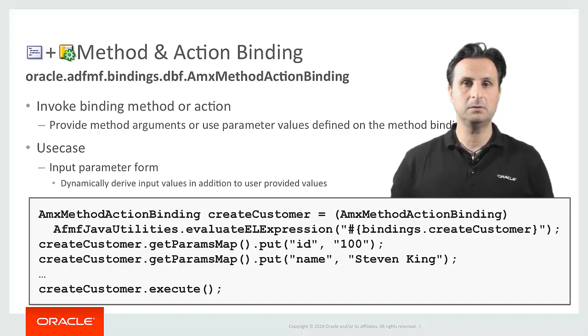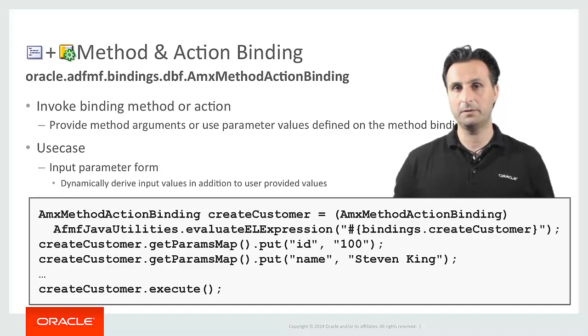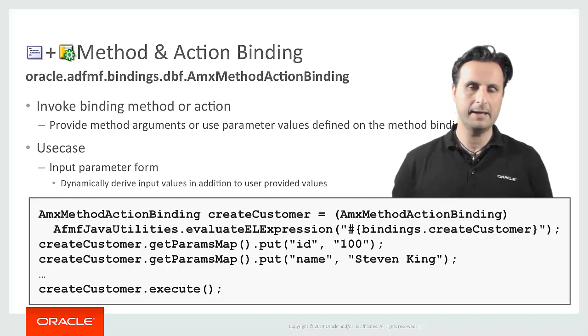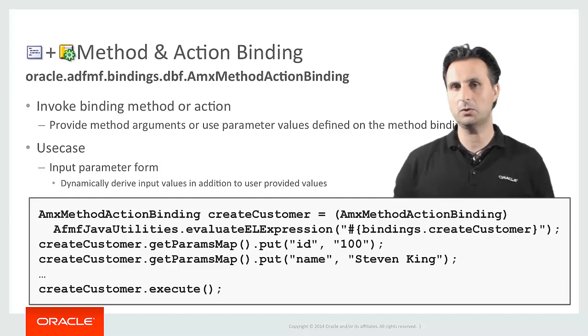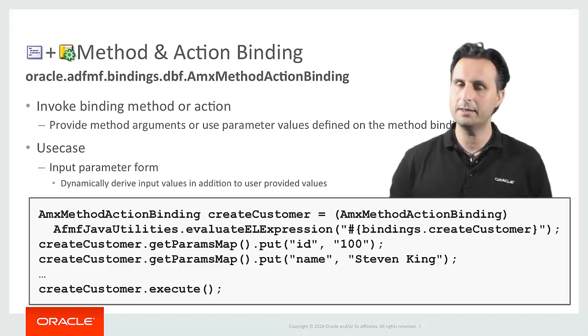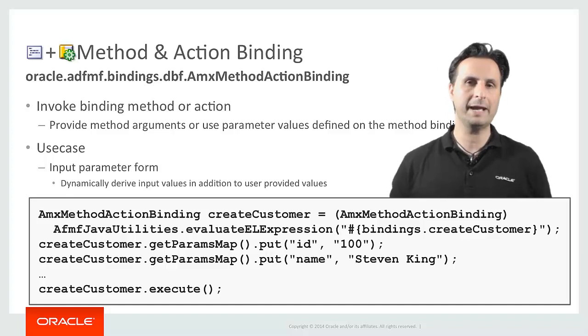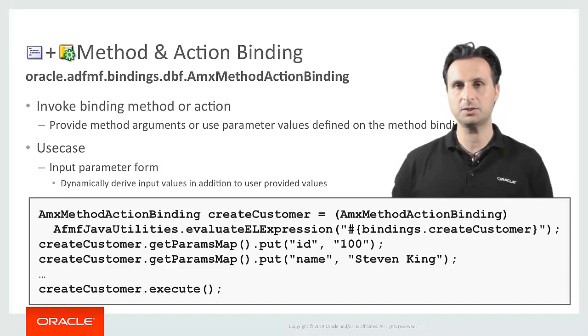Now, one thing to keep in mind is that with methods there are different ways of populating the arguments. Whenever you drag and drop an operation or a method that requires an argument, then in the page definition file we create an item under the name of the method. And this allows you to put in expression language to reference a user interface component or, for instance, a managed bean or just a memory attribute.